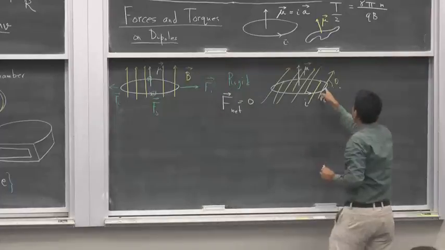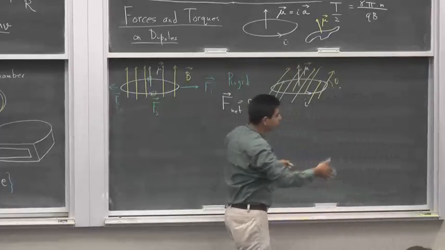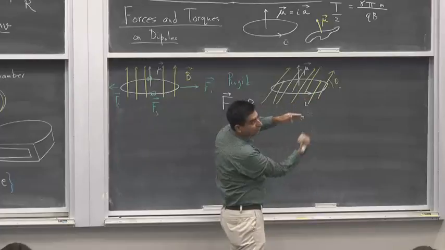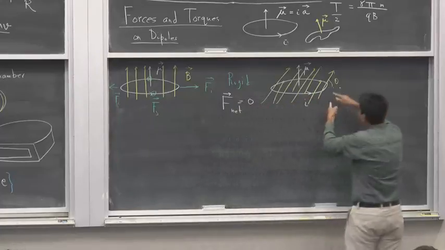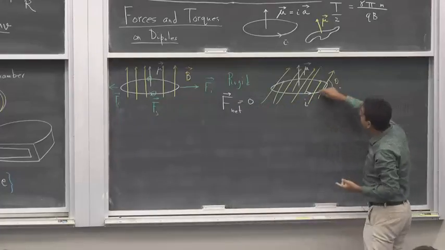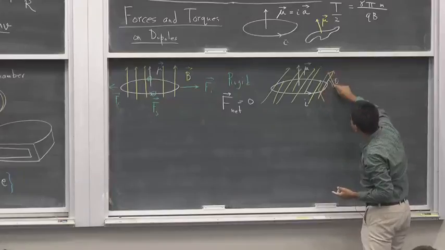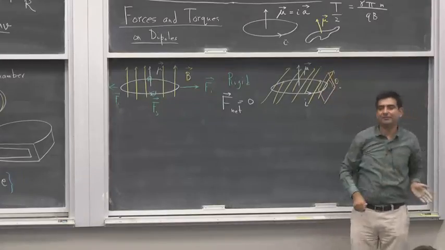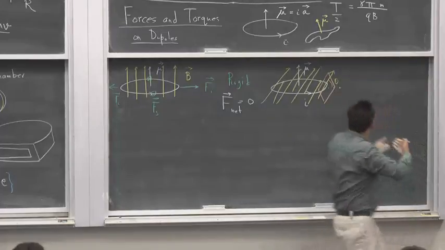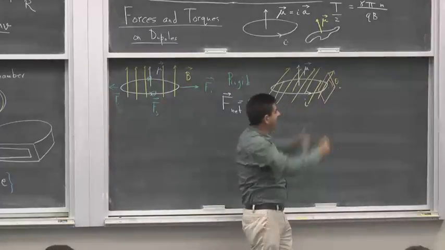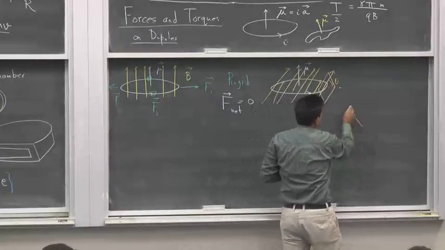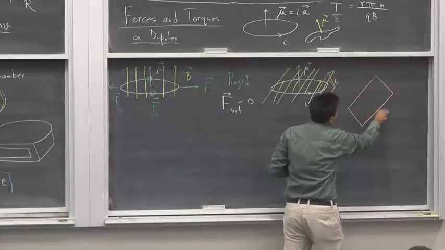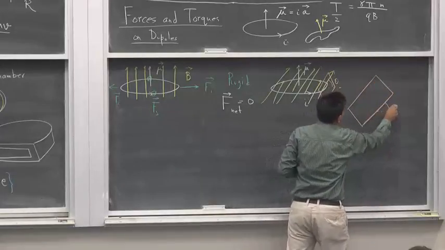Now, I current going into the plane of the blackboard, B pointing upward, so there's a force that is acting like this. So how do you draw the forces here? It's nice to draw a plane. Right, now this is a slanted plane. Now in this slanted plane, let me draw this plane again here in a zoomed in fashion. Now this is slanted. This makes an angle theta with the horizontal.